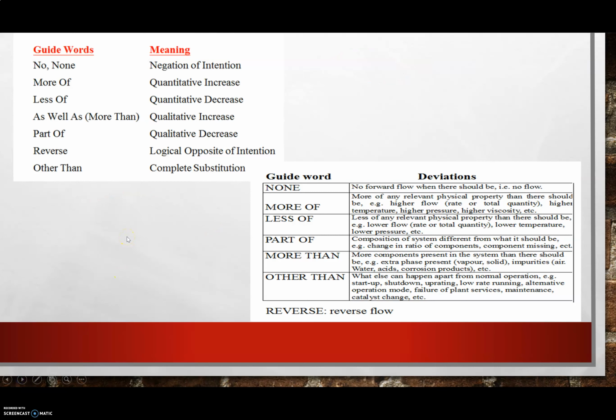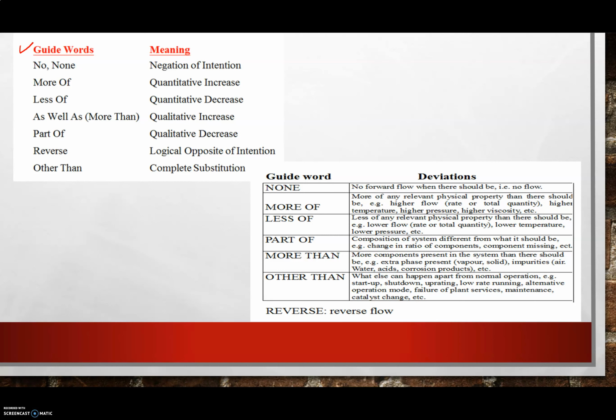So you have your guide words. No, none, more, less. This is the guide words. So the meaning is what you already understand previously. No is a negation of intention. More is a quantitative increasing.